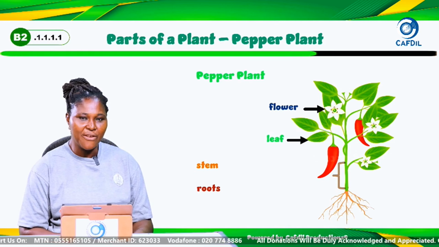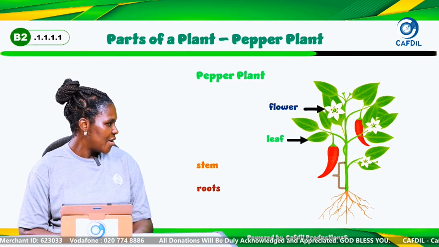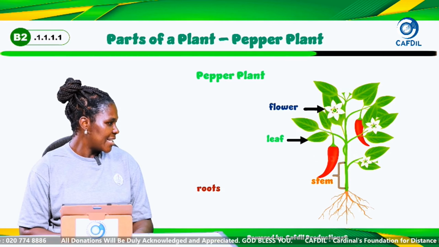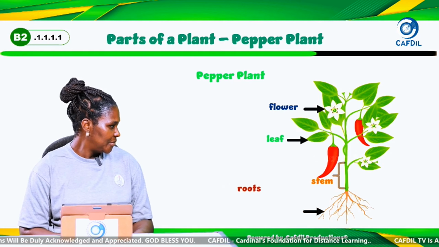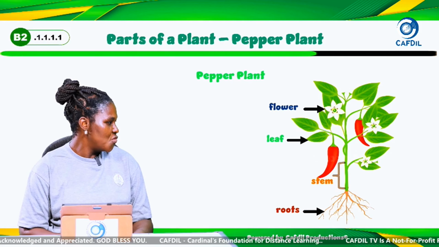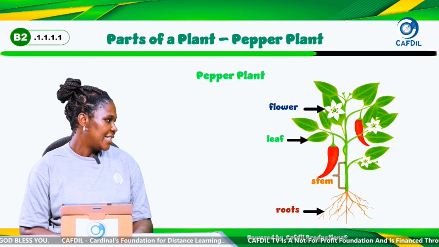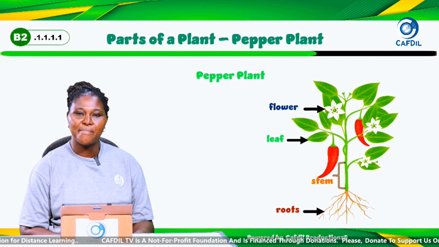Now this is the leaf of the pepper plant, and this is the stem, and then the roots. So for pepper plants, we have the flower, the leaf, the stem, and the roots.